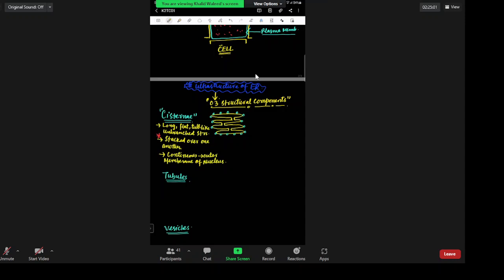These long, flat tubes are unbranched and they are stacked over one another. They are continuous with the outer membrane of nucleus.